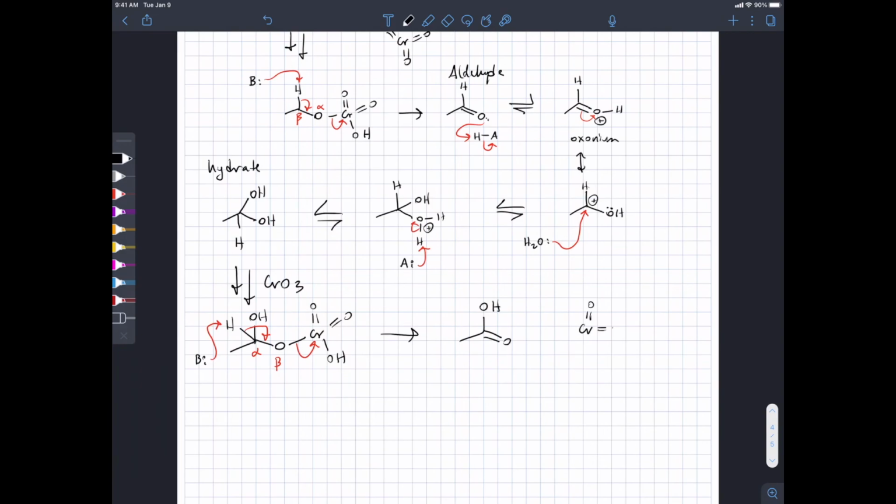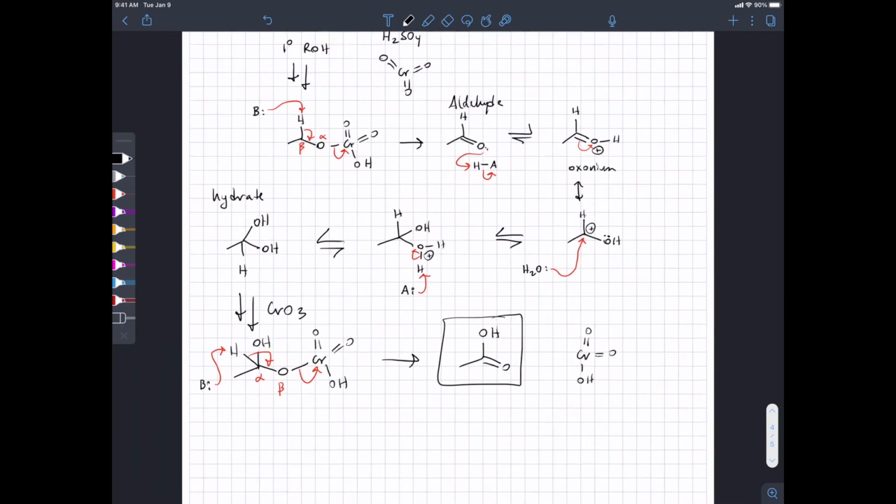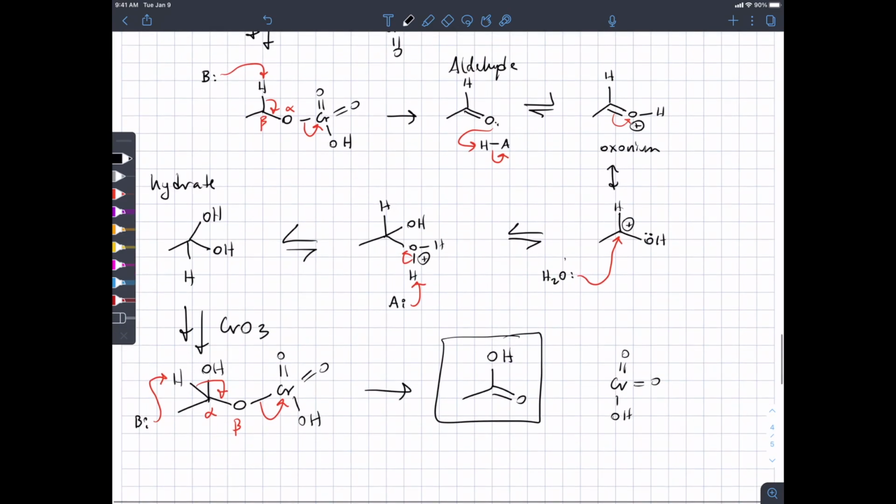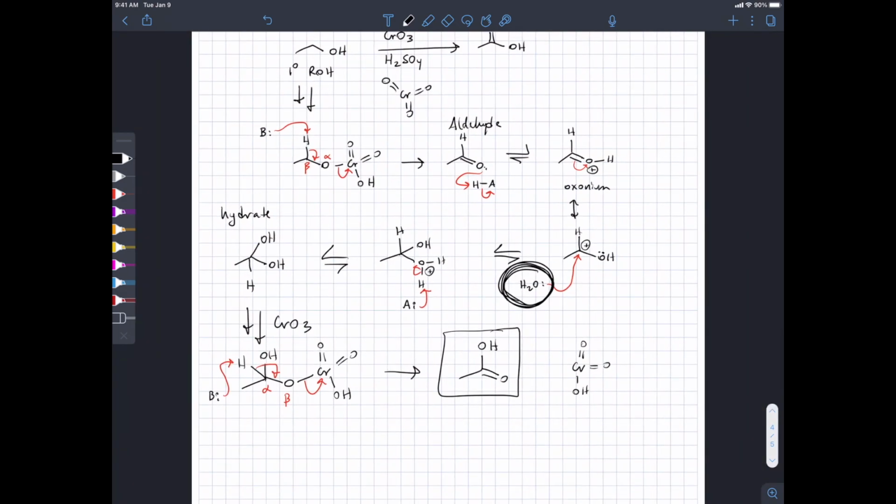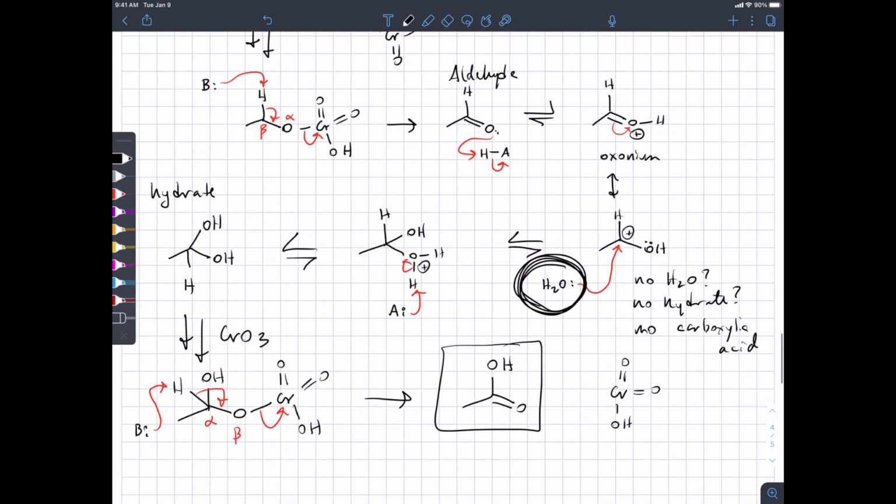Your leaving group leaves, and you've got the acid. But the key to forming the carboxylic acid is the presence of water. No water, no hydrate, no carboxylic acid. Because you have to have the hydrate if you want to go on to the carboxylic acid.